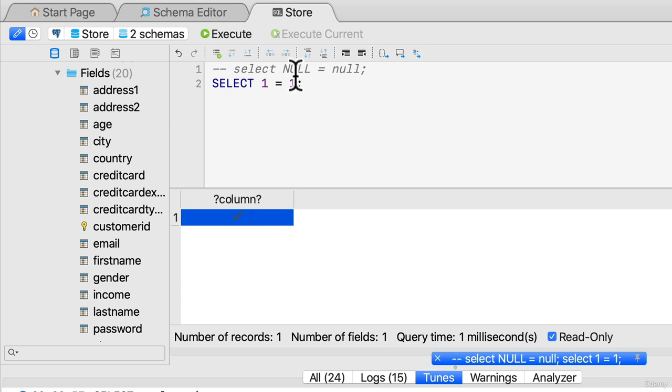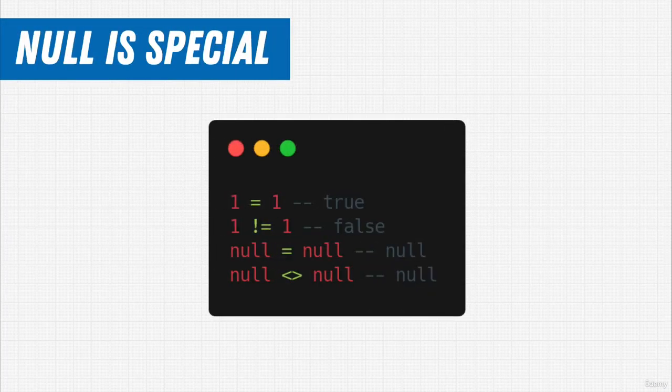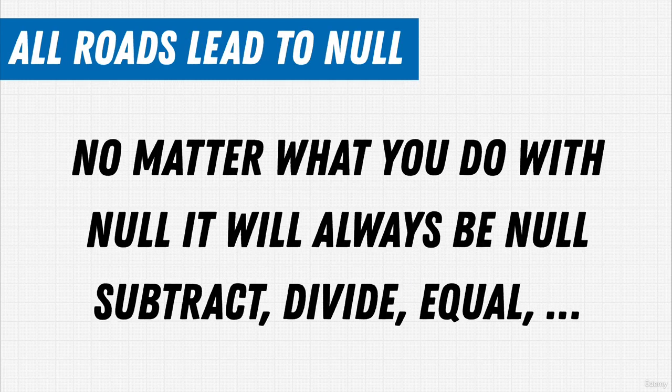So null is going to return null. So null is a special value. Null will return null. Now, what does that mean? What effect does that have? Well, all roads lead to null. No matter what you do with null, it will always be null.